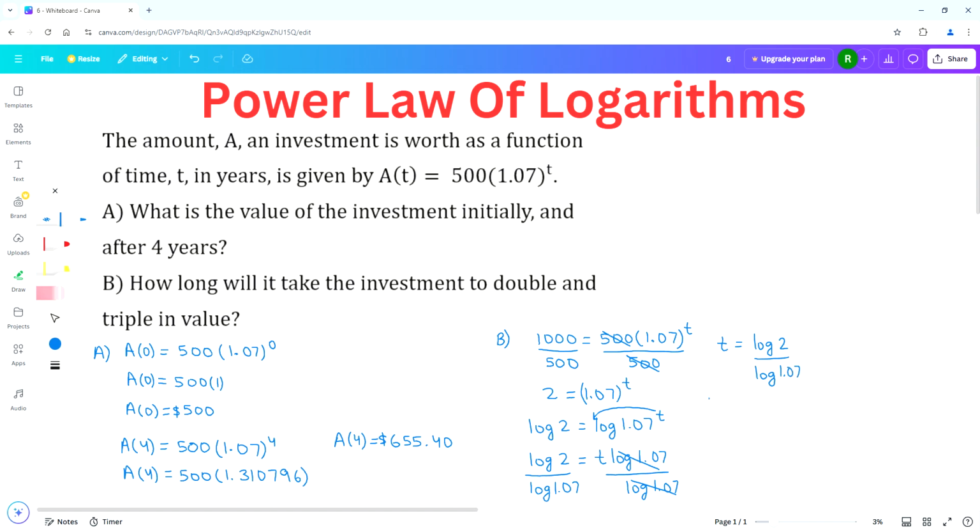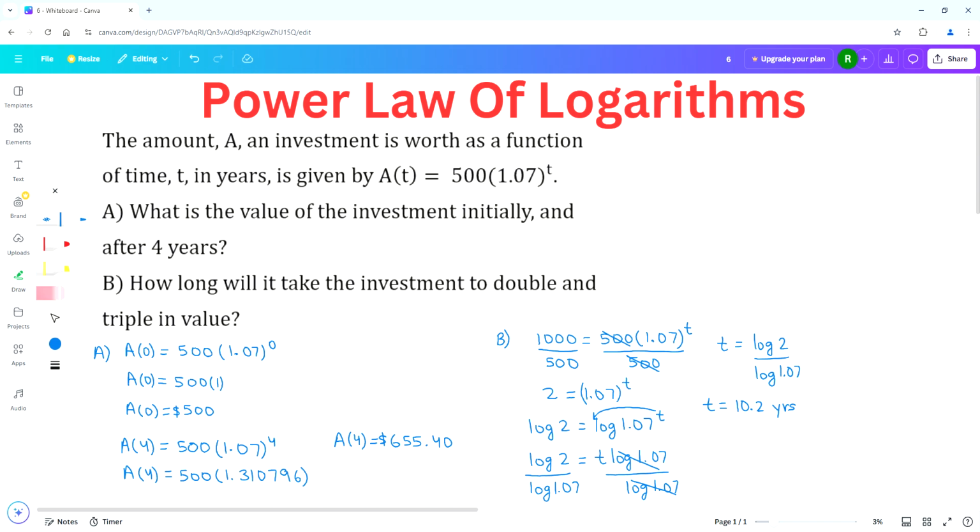We can use a calculator to evaluate this fraction. I got 10.2 rounded to one decimal place and the unit is years. So it will take 10.2 years for the investment to double.